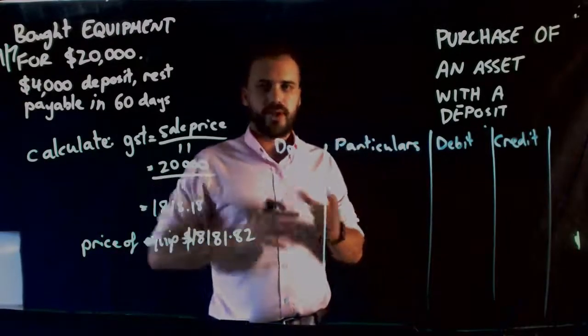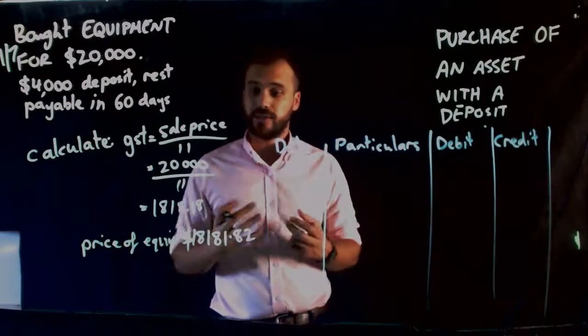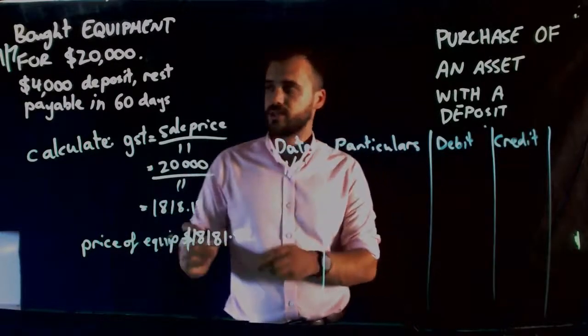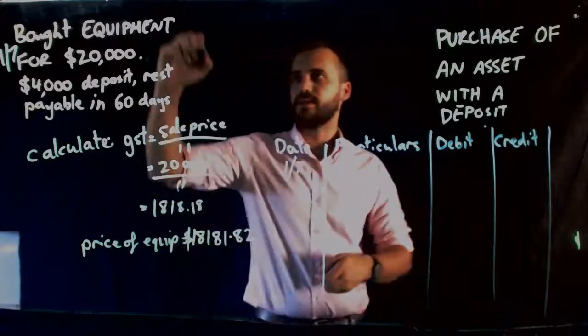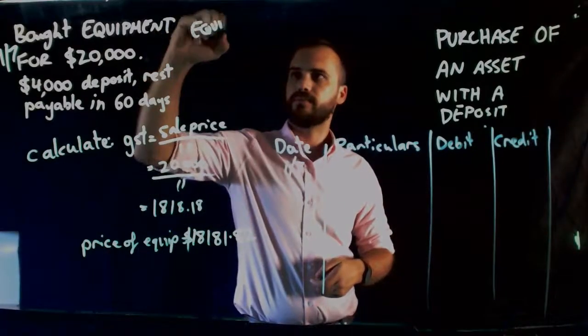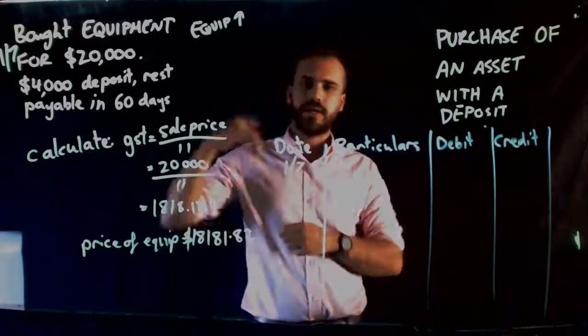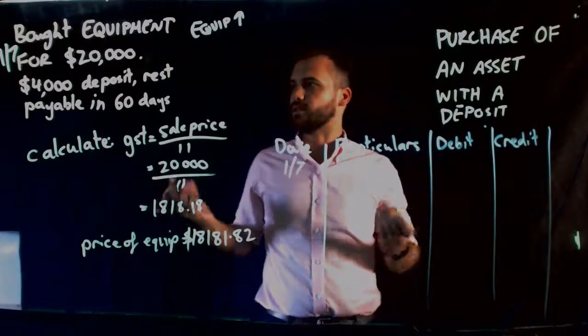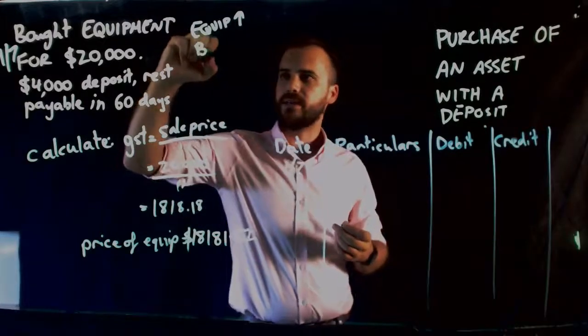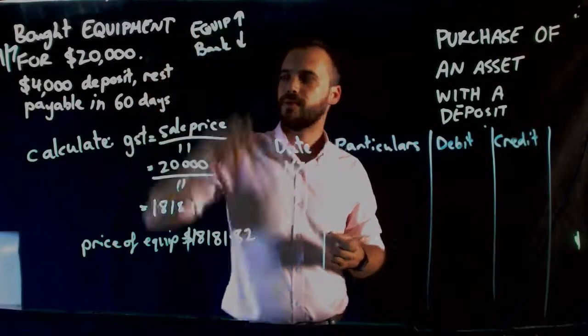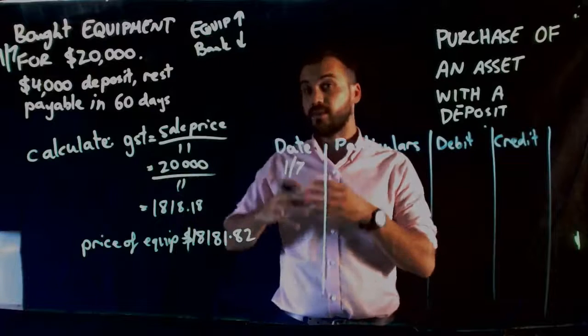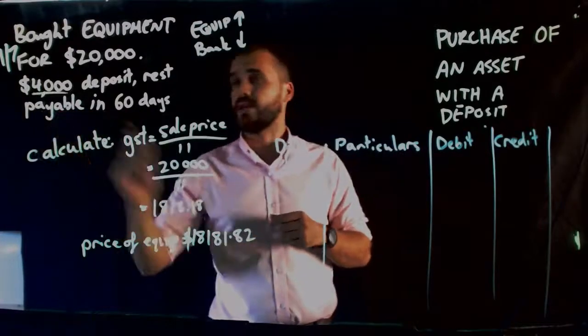What accounts have been altered here? Lots. The equipment account has gone up, that's an asset. What else? Our bank account, which is an asset, went down because we paid a $4,000 deposit.